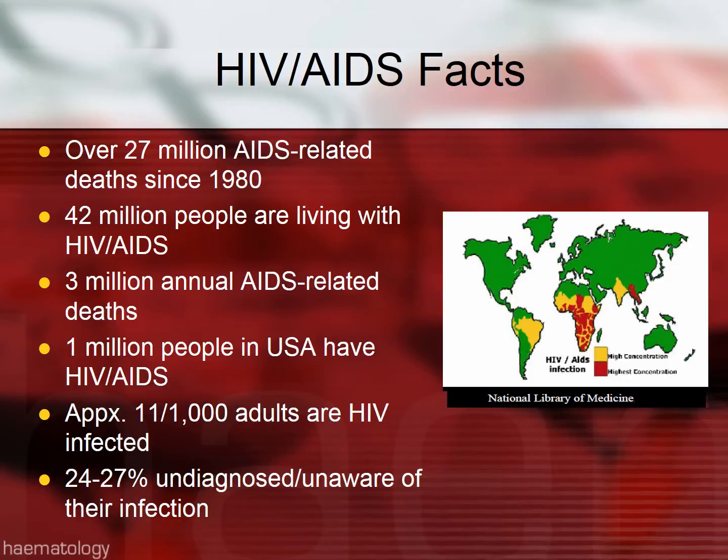So currently, when we look at the current statistics, and these are like 2006 statistics because they don't come out that often, there's about 1 million people in the U.S. who have HIV/AIDS, and so these are people who are kind of walking around. Some people might not even know it. There's about 24 to 27% of those people that aren't even listed in that. They're undiagnosed or unaware that they even are infected with any type of HIV.